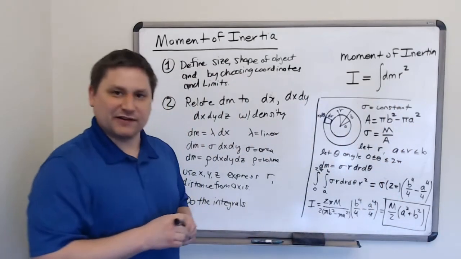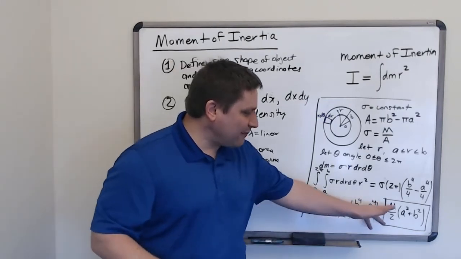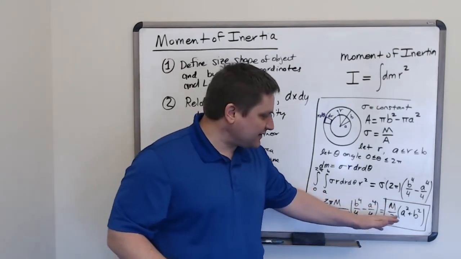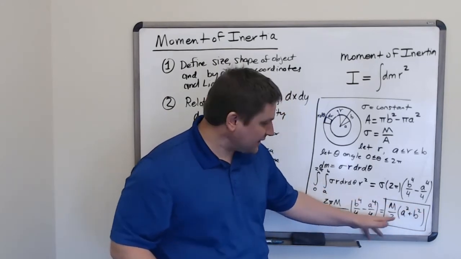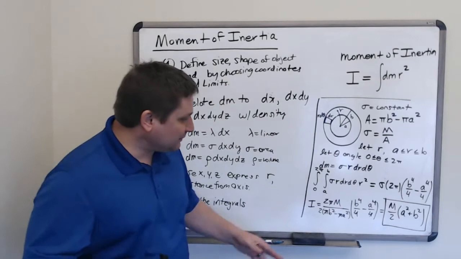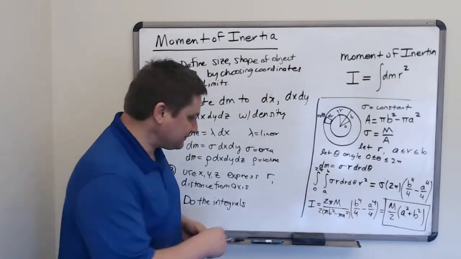And that's just about as simple as we can get it. It clearly exhibits this form of some mass times some length scales squared multiplied by some fraction. Here the fraction is 1/2. Okay.